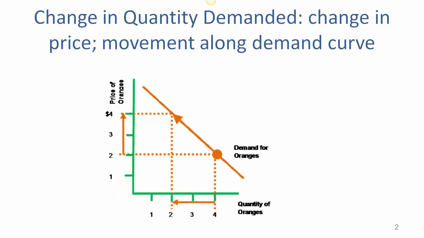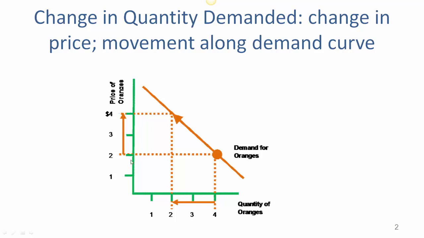Now, in this case, we're looking at the demand curve where we have a rise in price. So the price rises. Price is indicated on the y-axis, or the price axis. And we're also looking at the quantity axis, or the x-axis, on the horizontal axis on the bottom.